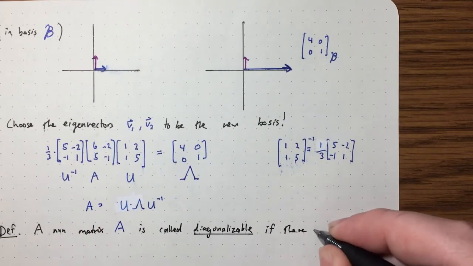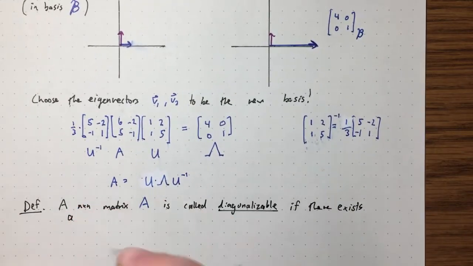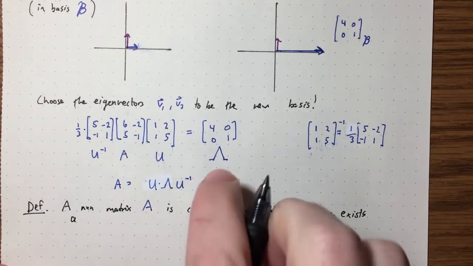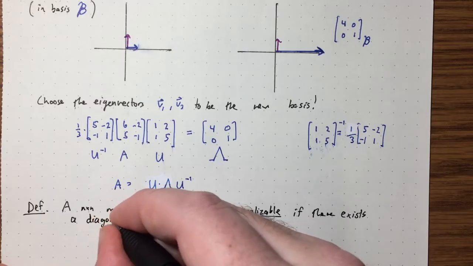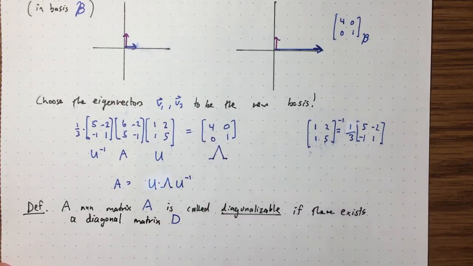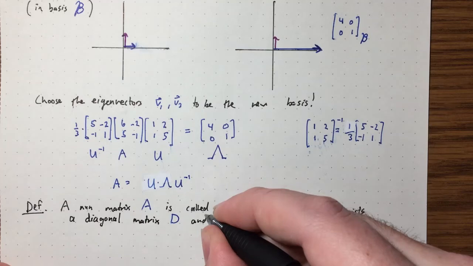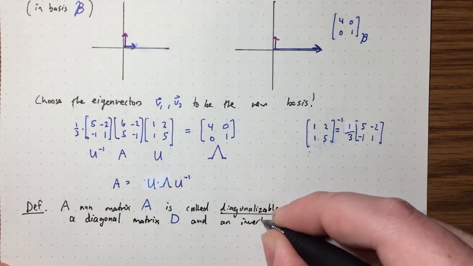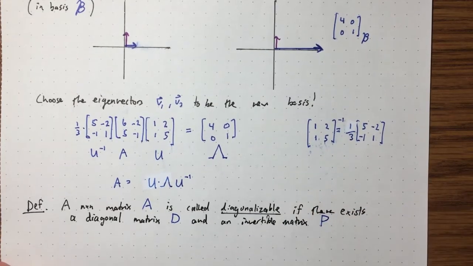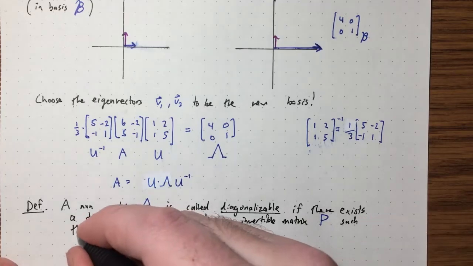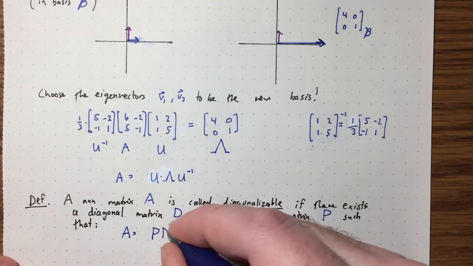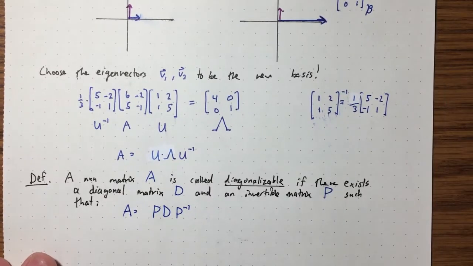A is diagonalizable if there exists a diagonal matrix D, which turns out to just be this lambda here, and an invertible matrix P, such that A is P D P inverse. So just like that.